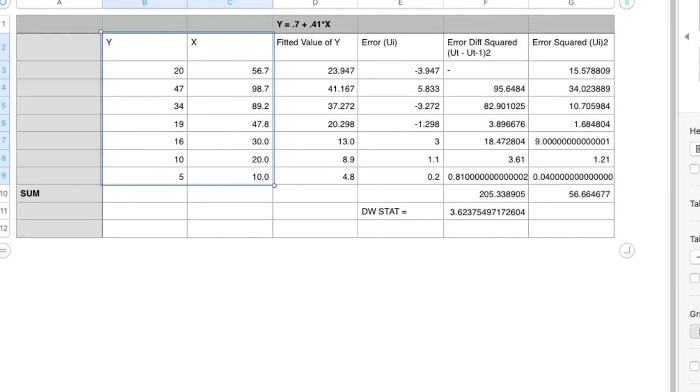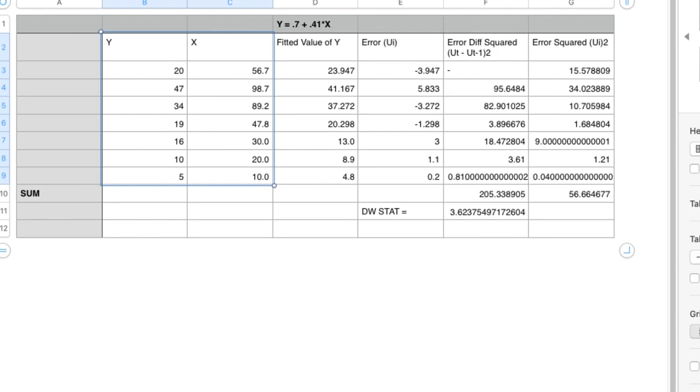Here the signs are the same, so the difference is going to be something less than 2. If I subtract and square it up, it is going to be 3.89. This way we get the squares of the differences of the error terms, and we get all the values here.